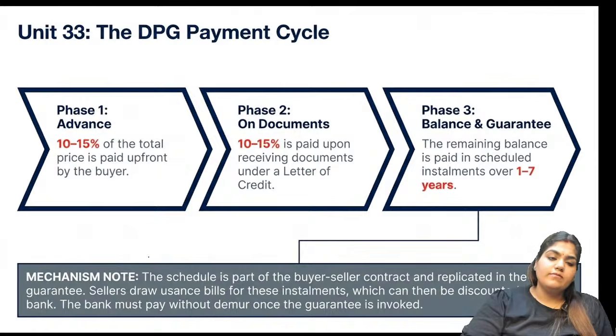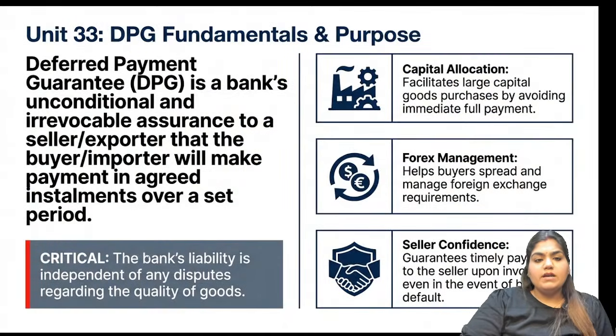This is a cycle that you will have to study. Deferred payment is a bank's unconditional irrevocable assurance that the seller will get money in installments. If the buyer defaults, the seller will be paid by the bank from its own pocket. The bank acts as a guarantor on behalf of the buyer.